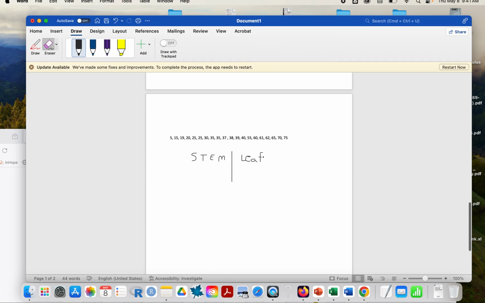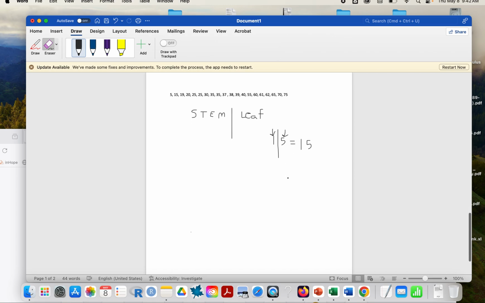And you need a key of some kind. So you would go 1, 5, and put this bar between it, and you'd say that reads as 15. So the 1 is the stem, and the 5 would be the leaf. It's a way to keep track of your data and see what the distribution could look like, assuming that you tilt your head on the side.